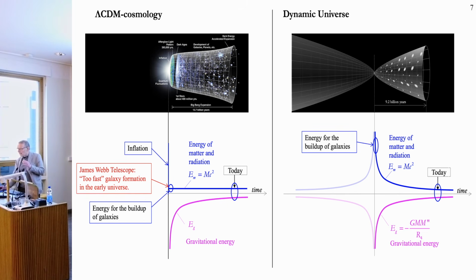Now we maintain the balance of the gravitational energy and the energy of motion, which is our rest energy and energy of radiation, which means that in the early expansion here, the energy excitation between the released gravitational energy and obtained matter energy has been orders of magnitude higher than it is today, which gives a very natural explanation to the first galaxy formation in the early universe, which is very difficult to explain with this.